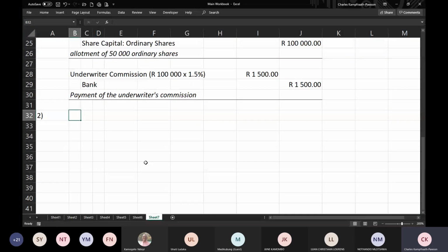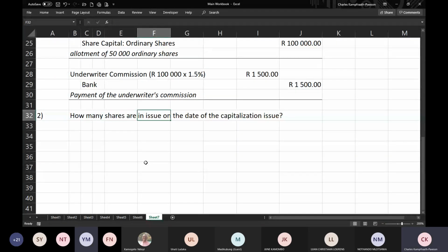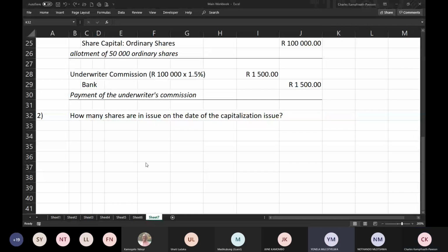So how many shares are in issue on the date of the capitalization issue? I got 50,000 shares.